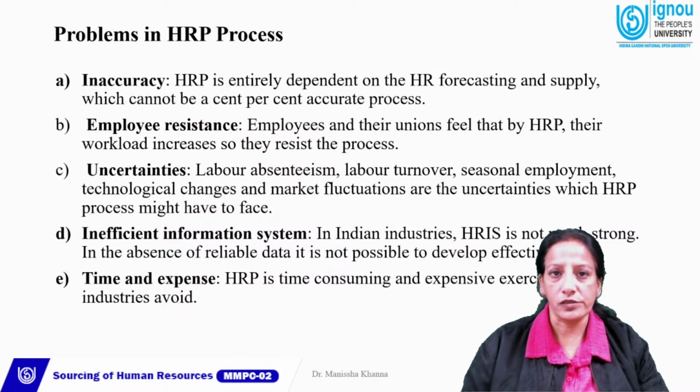Then employee resistance. Sometimes we have seen employees resist human resource planning, as the workload increases, and they resist the process. Then there are certain uncertainties like labor turnover, seasonal unemployment, and sometimes labor absenteeism.